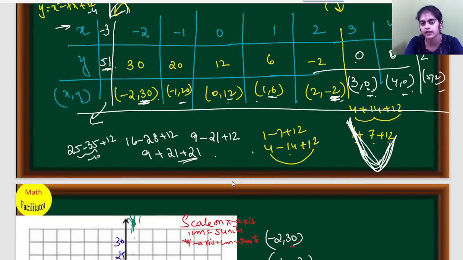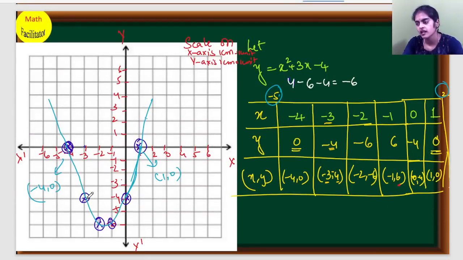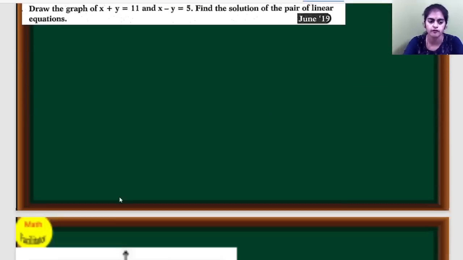Firstly, I have tried to find the table of values. Wherever you have to get the y value as 0, you can extend the table, either right or left. Depending on the pattern, you will choose the graph. Now here in this question, we were directly given the task to find the factors, and then we have tried to draw the graph. Clear? With the same table of values.